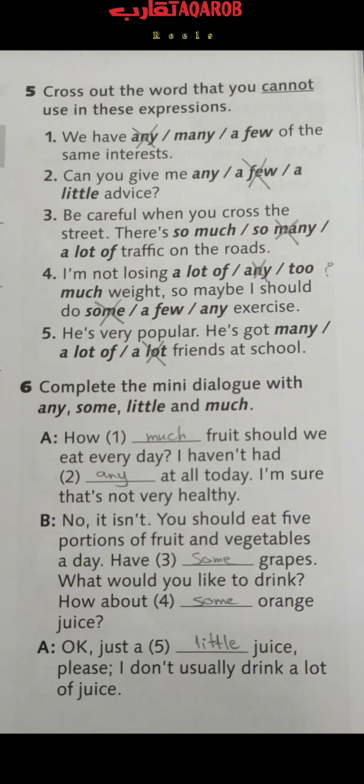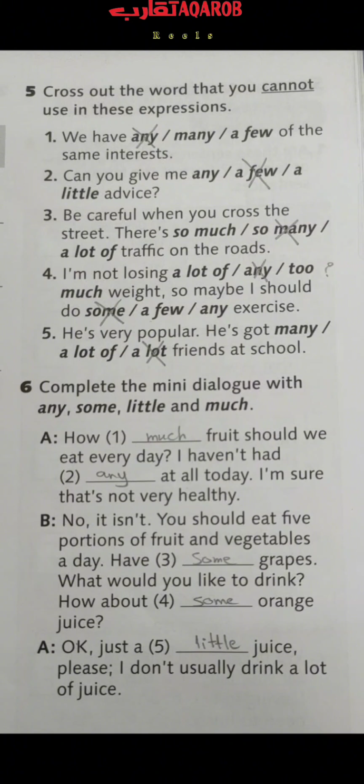So number 5, he's very popular. He's got many, a lot friends at school. Friends is countable. So can we say many friends? Yes. Can we say a lot of friends? Yes. Can we say a lot friends? No, because a lot must be followed by of. A lot of friends.